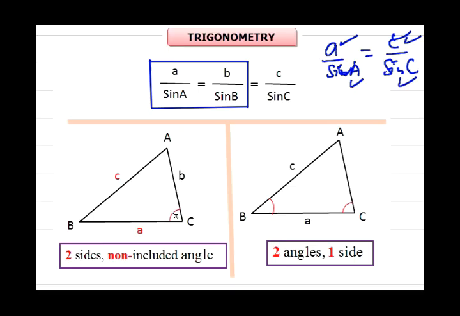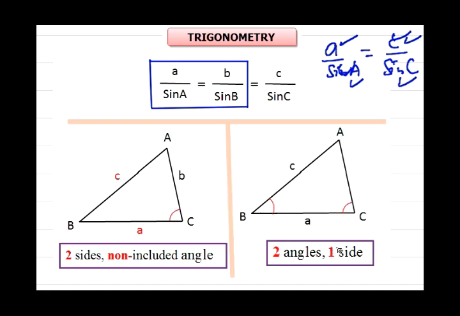For you to use the sine rule, they give you 2 sides and one non-included angle, or you are given 2 angles and 1 side. That 1 side can be anywhere. Once you have 2 angles given, if they give you any 1 side, you can easily find the other 2 sides. Do you understand? Remember this condition very well. Anytime you want to use the sine rule, you must be given 2 sides and a non-included angle, or 2 angles and 1 side.